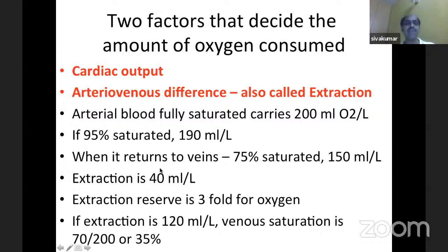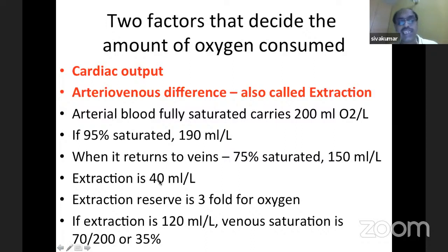When it returns to the veins after giving up the oxygen, it is 75% saturated, or 150 ml. So what is the difference? 190 minus 150, or in other words, 40 ml of oxygen is extracted in one go, as the blood travels from the artery back into the vein.